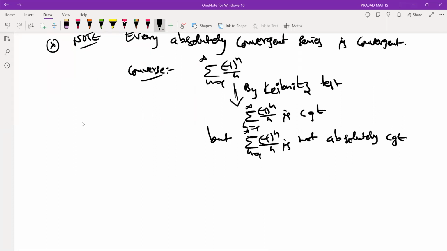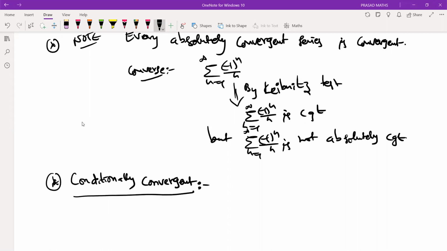So in that case, one can define another definition, that is conditionally convergent. There are some series which are convergent but not absolutely convergent. This is an example we have seen. So that is the definition.